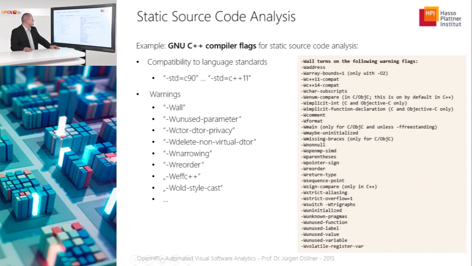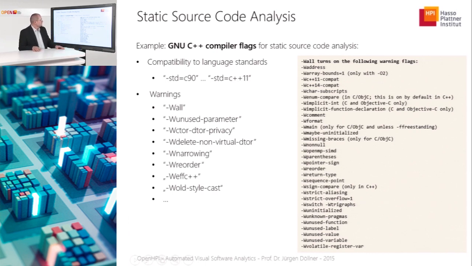For example, we can force the compiler to check for certain standardizations of C++. We can activate a number of warnings, for example, detect unused parameters, detect when classes have private constructors and destructors, warn us if a class has a non-virtual destructor, and so forth.